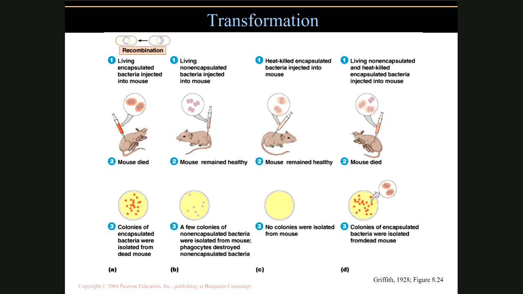And he used mice as his test subjects. So in his first experiment, he injected mice with live encapsulated Strep pneumoniae bacteria, and the mice died. And of course, he found live encapsulated Strep reproducing inside the mice.